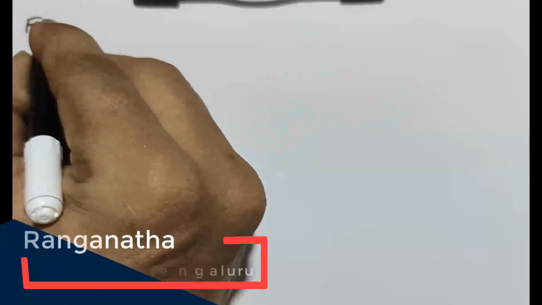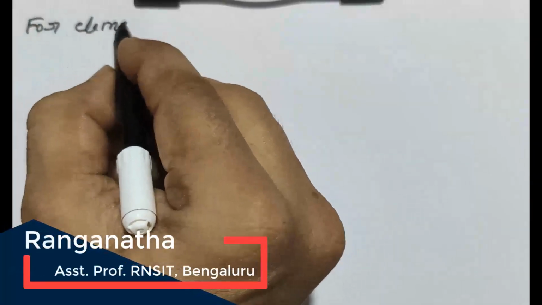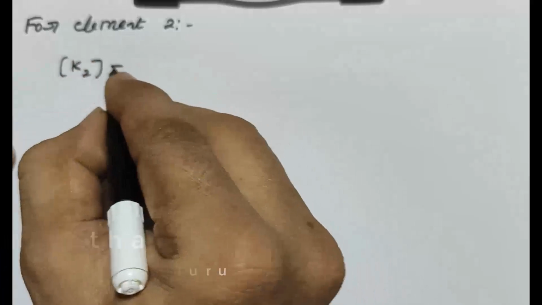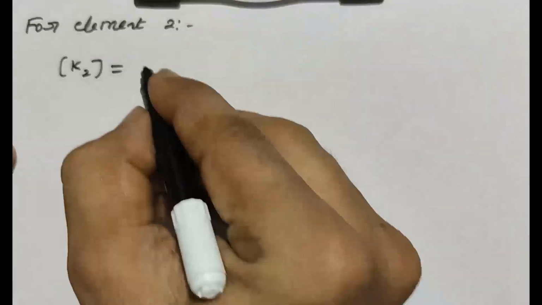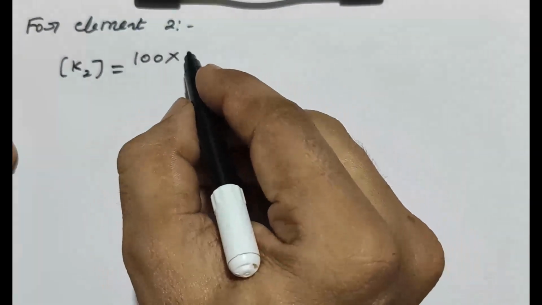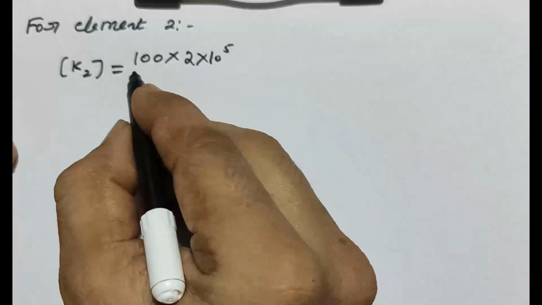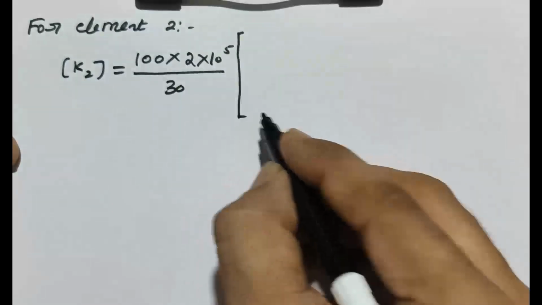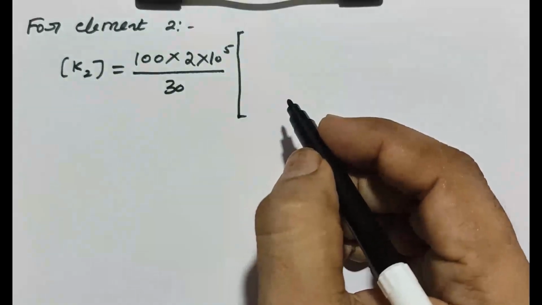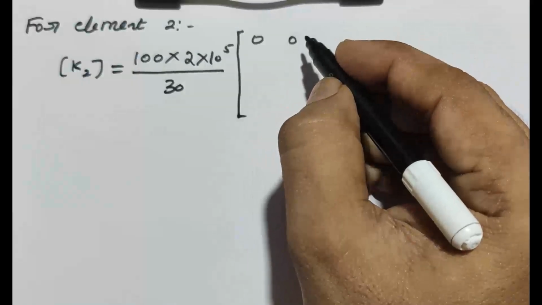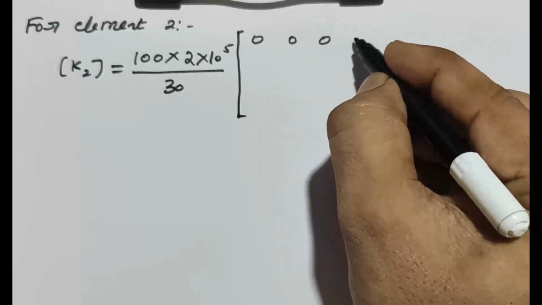Next, elemental stiffness matrix for the second element. For element 2, K2 is A2 E2 by L2. A2 is the same, 100, and Young's modulus is also the same, 2 into 10 power 5, divided by the length, which is 30. So for the second element, L square is 0, LM is 0, minus L square is 0, minus LM is 0.